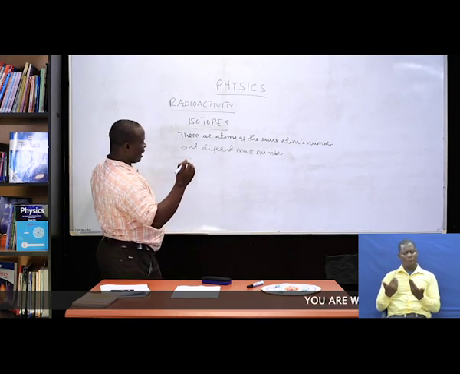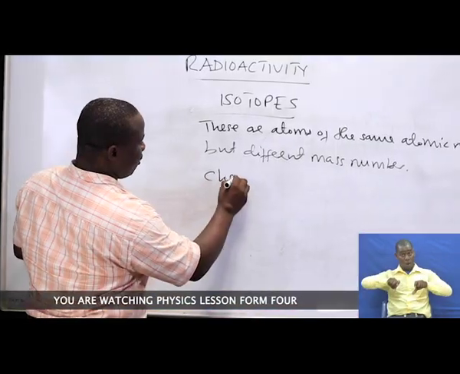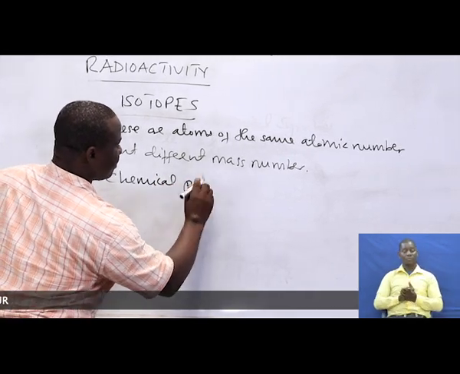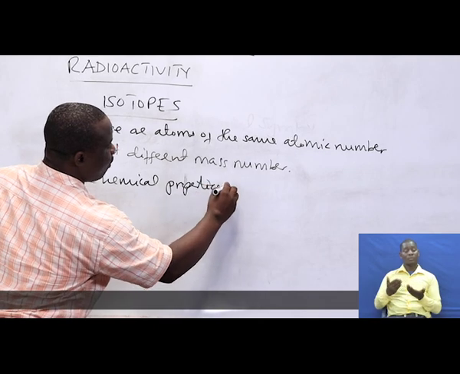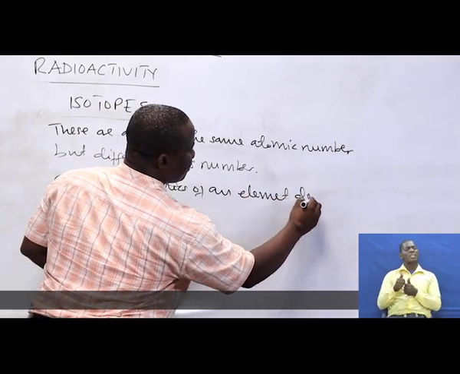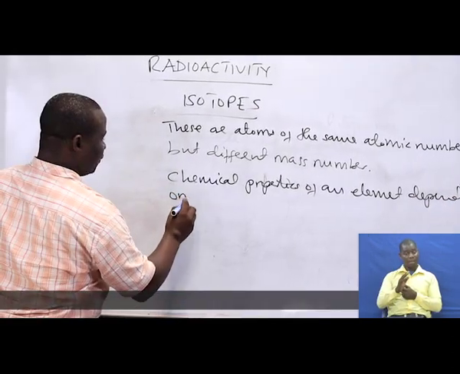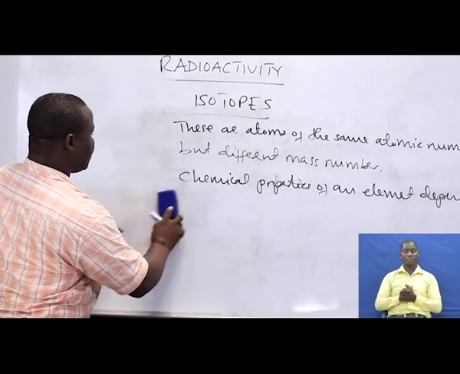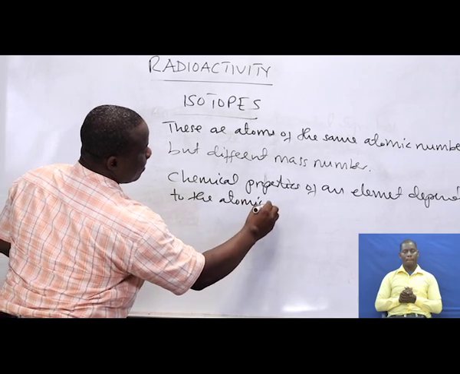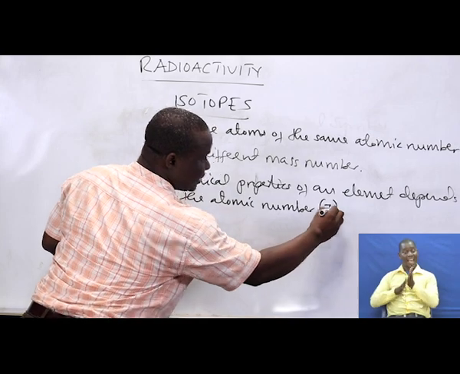So here we have a very important note: the chemical properties of an element depend on the atomic number, Z.